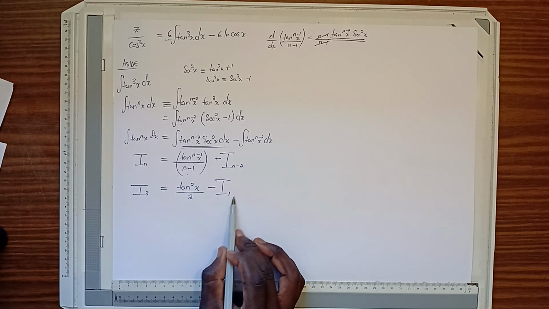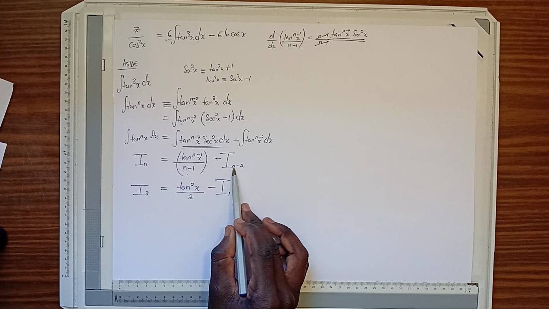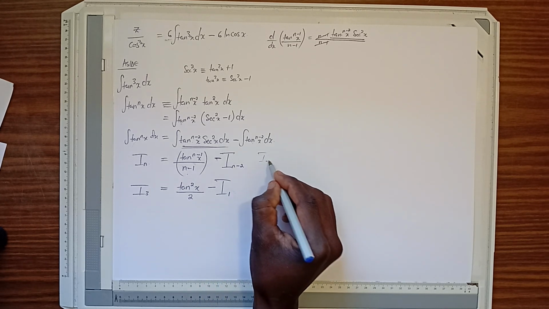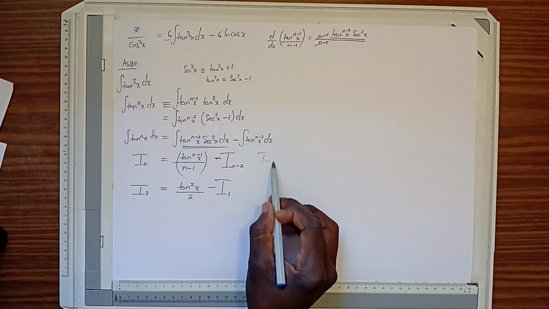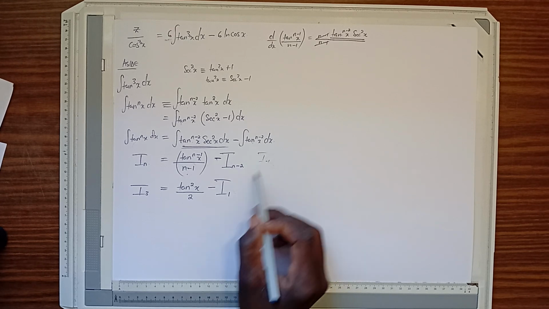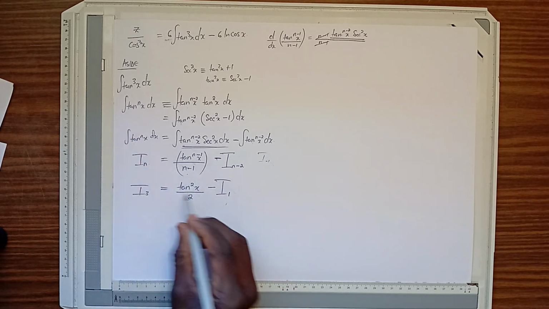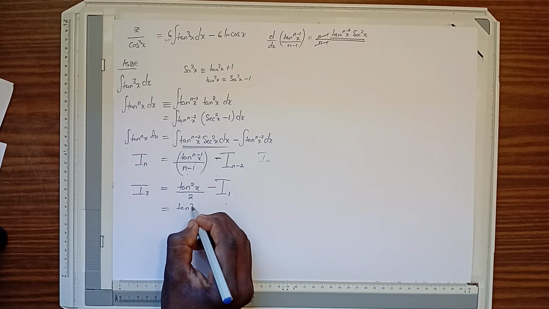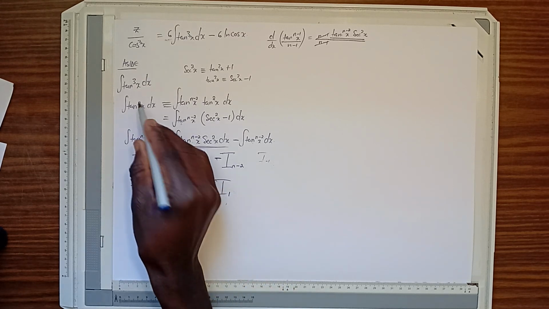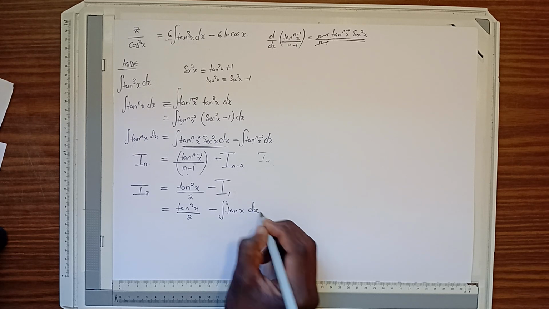And you test: when you get this one, you come to your reduction formula and put 1 here. If you see that you are getting I to a negative number, then there is no such thing in the reduction formula. So you go back here and say tan squared of x over 2 minus, you put 1 here, you are left with the integral of tan of x dx.